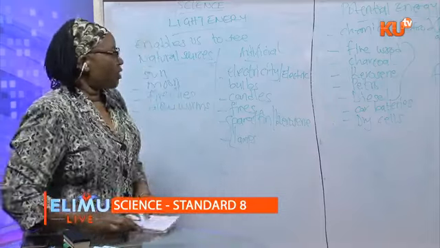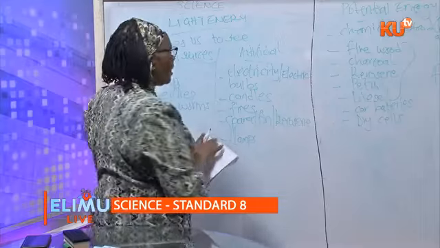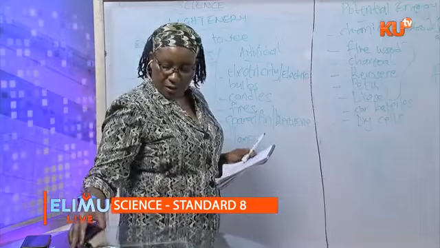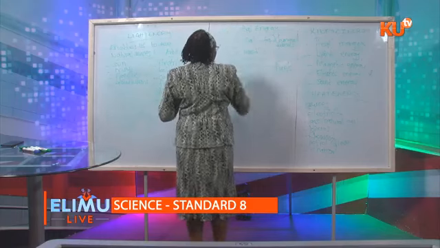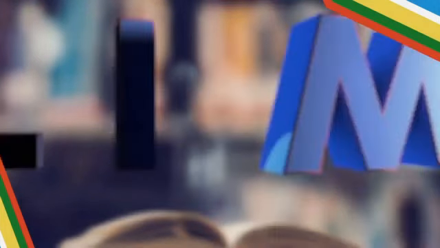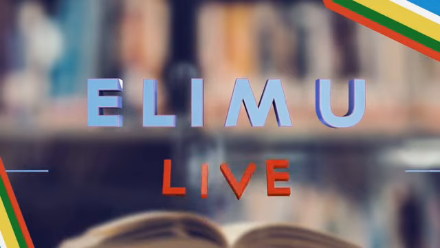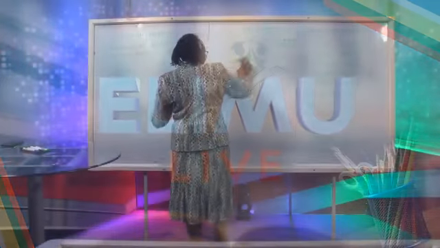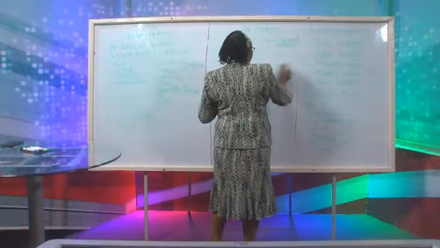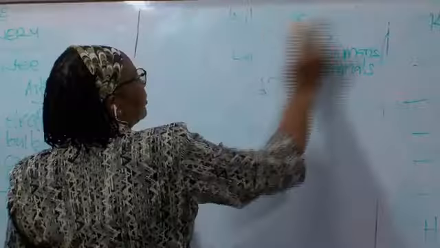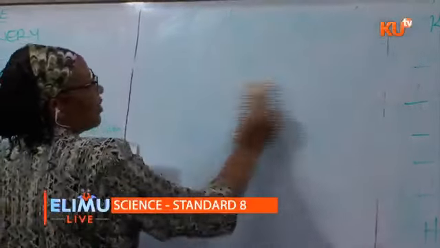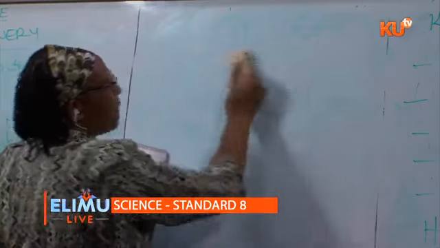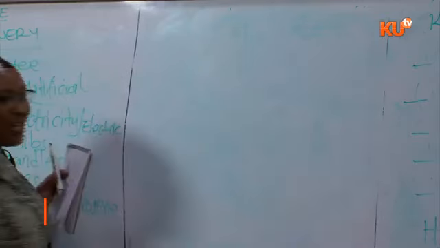Okay, we move on to another type of energy, and this is magnetic energy. Now, magnetic energy, I know some learners there. I know most learners or some of them usually say spark. That spark pulls things, you put it near a pin, it pulls that pin.